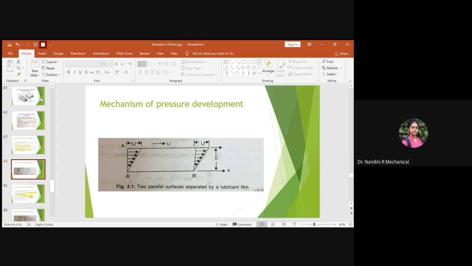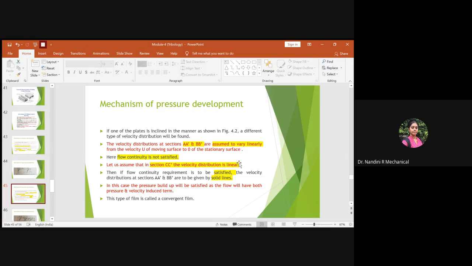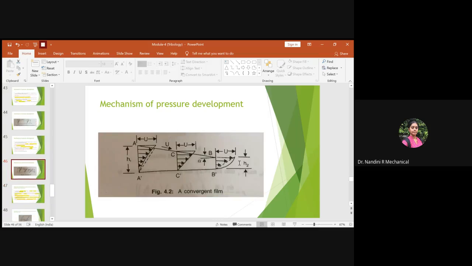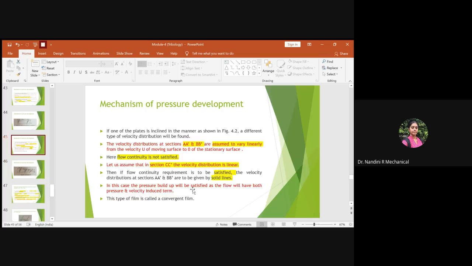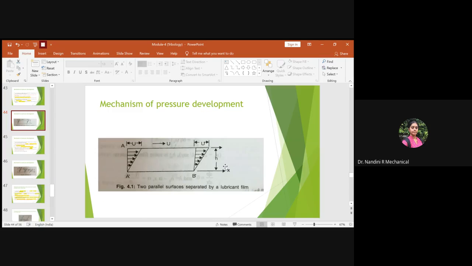Here the plates could be parallel to each other or inclined. We studied how pressure development takes place in the case of a convergent film as well as in a uniform layer in which the oil film moves across two parallel surfaces.